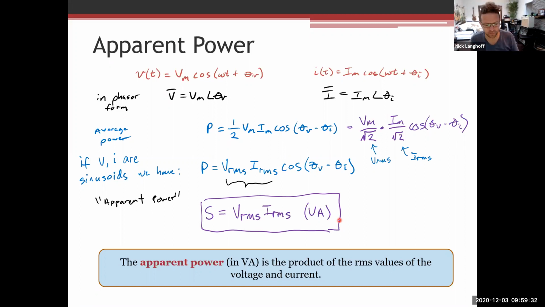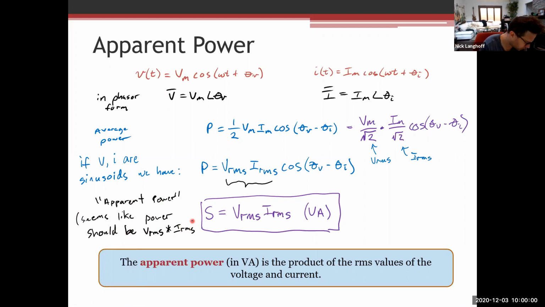We call the product of the RMS voltage and RMS current the apparent power, and there's a reason: it would seem apparent that the power should be VRMS times IRMS.